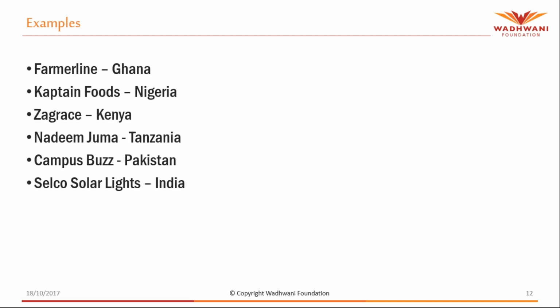Issues like politics, religion, sex are not things which can be very openly discussed in these societies. So Campus Buzz is a place where you can anonymously discuss issues. You don't need to have a handle. You can just go and express your opinion, and more importantly, engage with others who are willing to express similar or opposing thoughts. So you can have a debate without letting others know who you are.